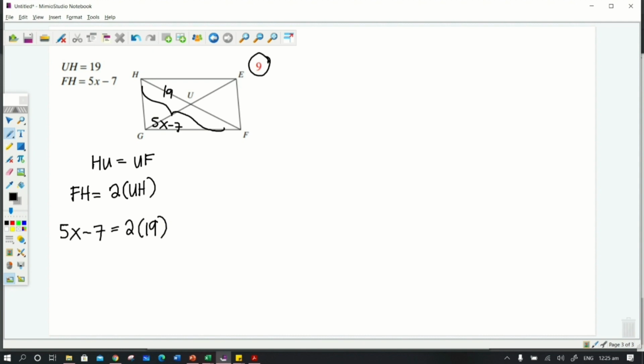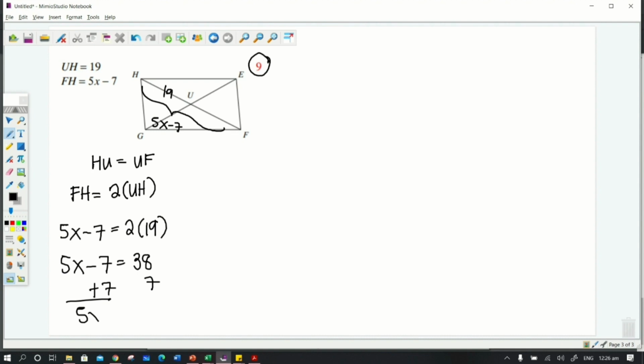Okay. Next is, we are going to simplify the equation. 5x minus 7 is equal to, that is 38. Okay? Then, we're going to isolate those variables. Now we're going to place it to the left. So we're going to add both sides of the equation by positive 7.